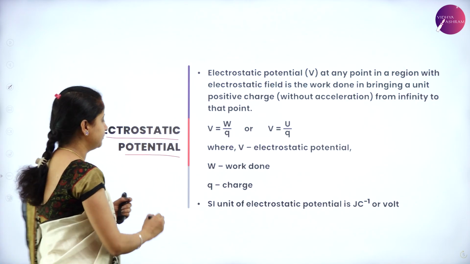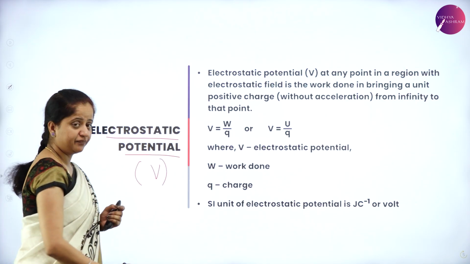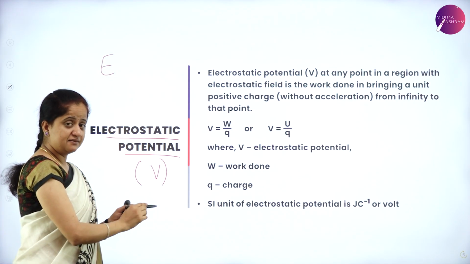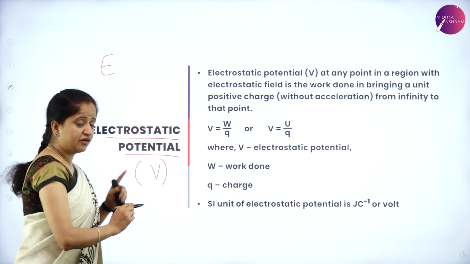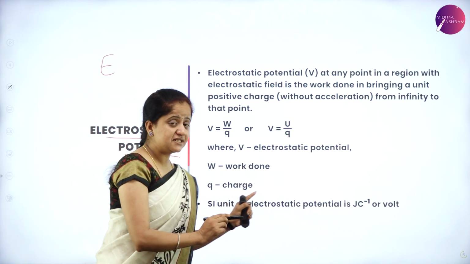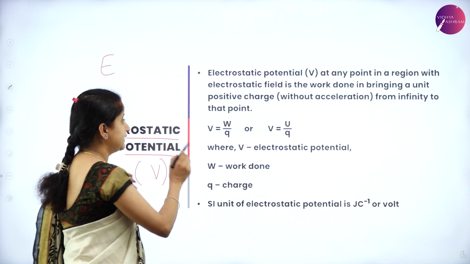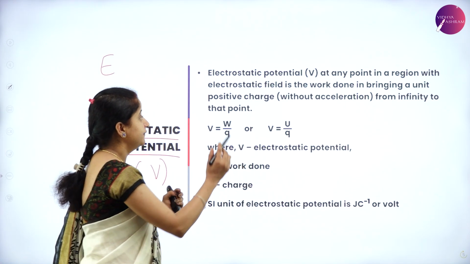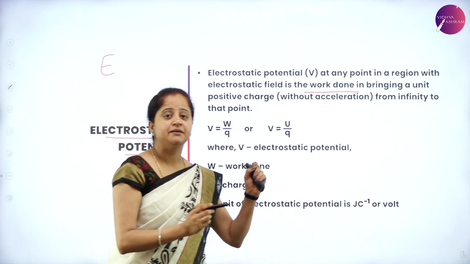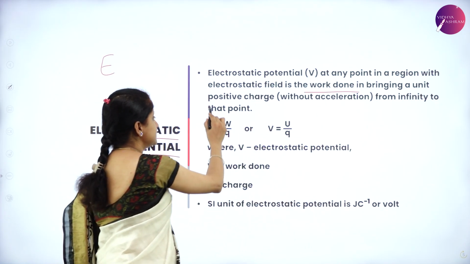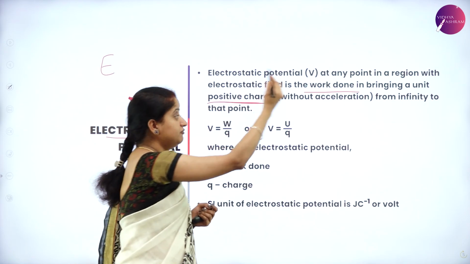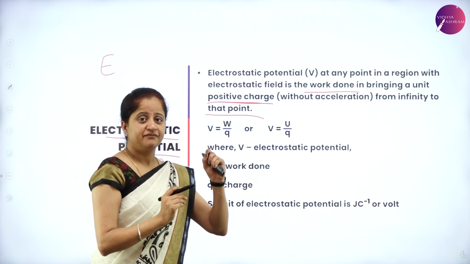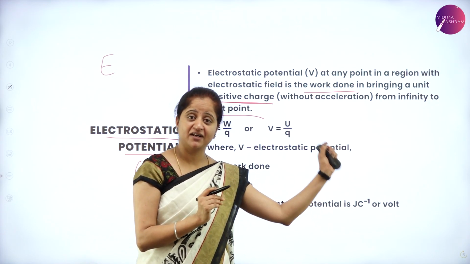So electrostatic potential is denoted by a letter V. We know electric field is denoted by E. And similarly, electrostatic potential is denoted by V. So it is defined as: electrostatic potential at any point in an electric field is the amount of work done in bringing a unit positive charge from infinity to a point in an electric field, which means we have a charge at infinite distance.